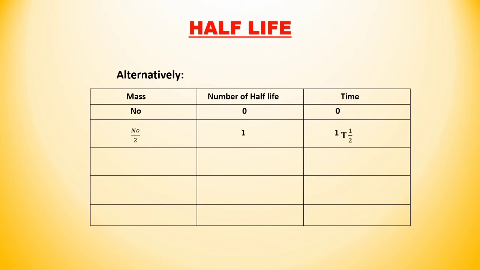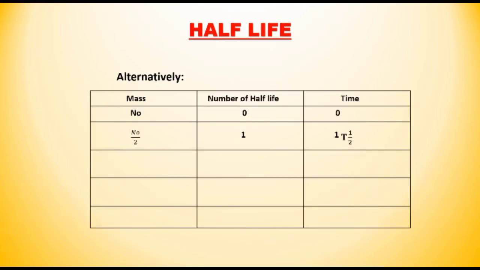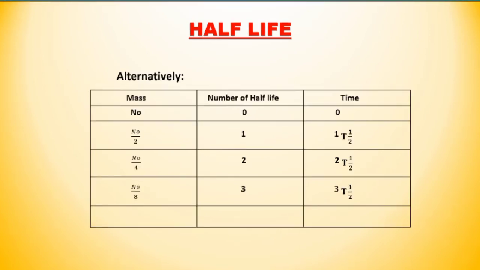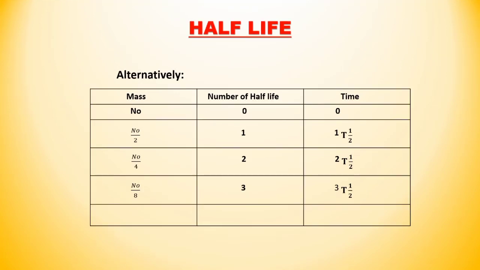So for the first half we have N0 over 2, the half will be 1, and the time will be 1 multiplied by the half-life. The second will be N0 over 4, then the half will be 2, and the time is 2 multiplied by the half-life. The third will be N0 over 8, then the half will be 3, and the time is 3 multiplied by the half-life. And it continues that way till you reach the last point of your calculation.